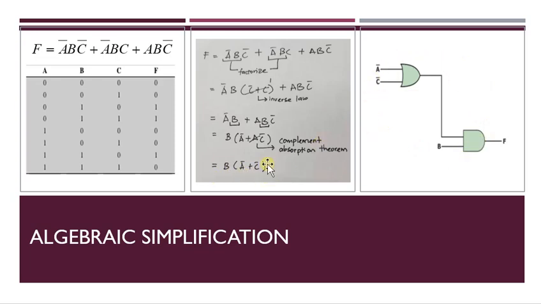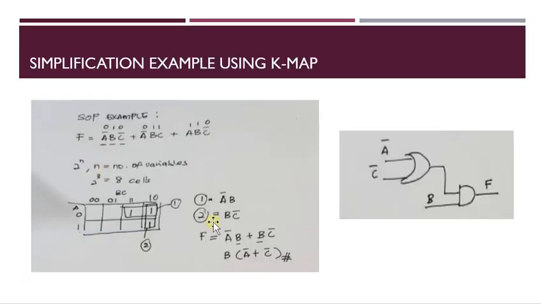This is the simplified equation translated to the graphical representation. So the K-map technique just now also produces the same results, the simplified equation and also the graphical representation.